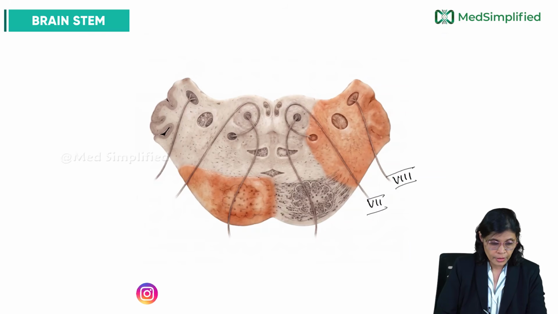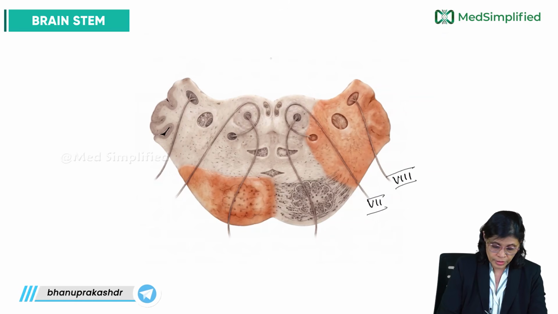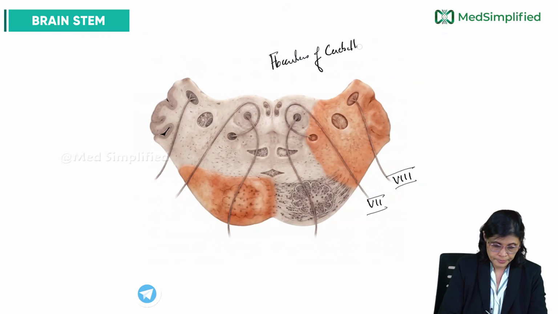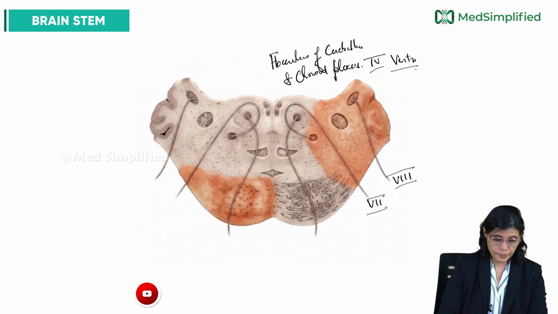It also involves the flocculus of the cerebellum, that is the flocculonodular lobe, and the choroid plexus of the 4th ventricle, that is the plexus in relation to the 4th ventricle. So these things are also involved.